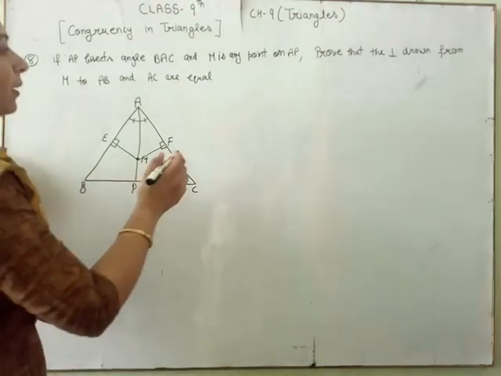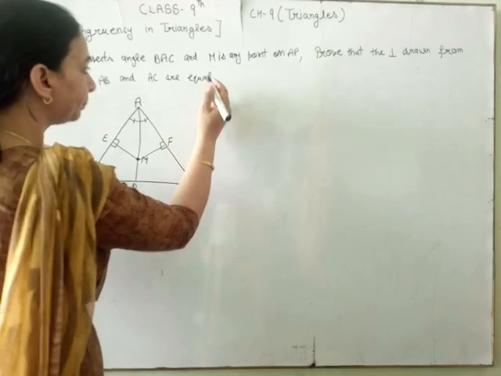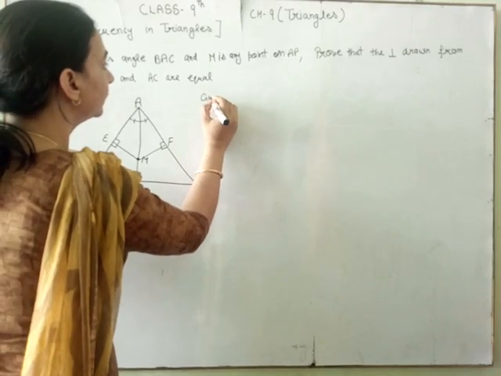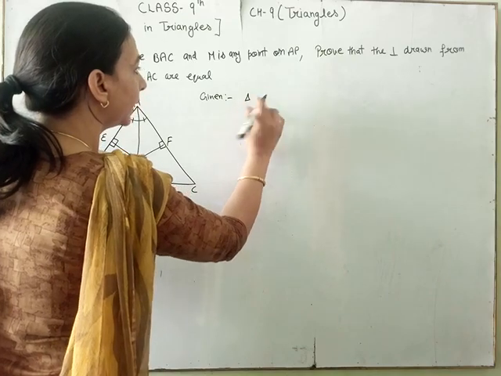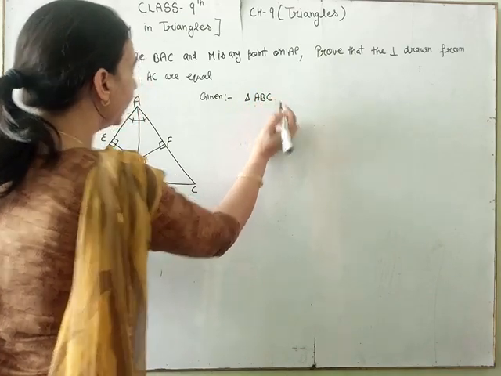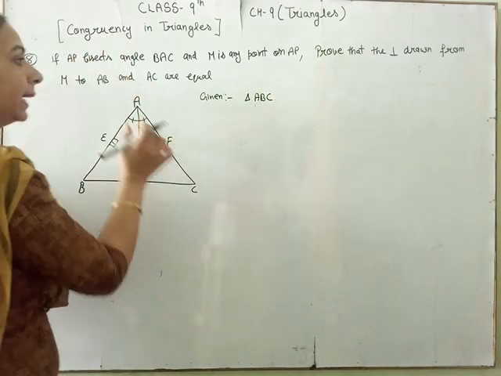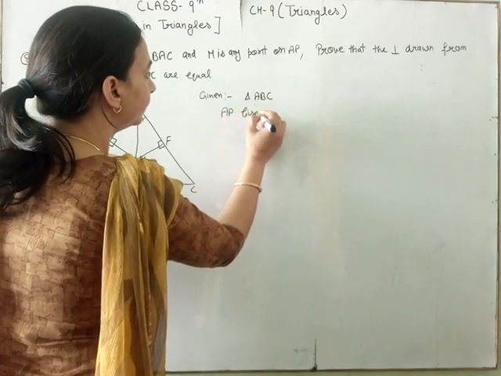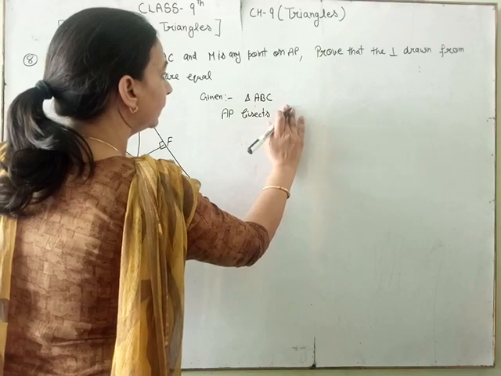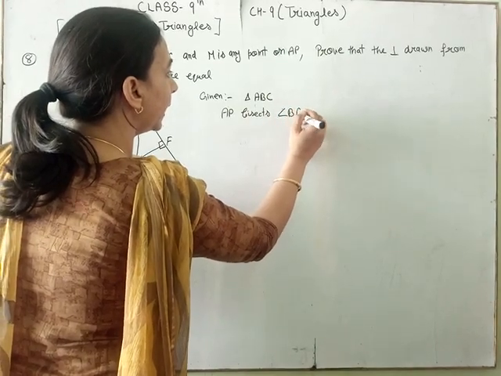Okay, students. First we write the given things. Given: a triangle ABC and AP bisects angle BAC.